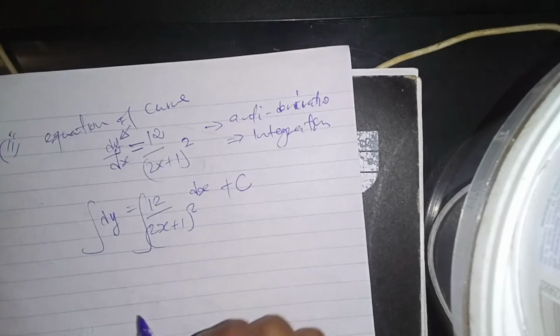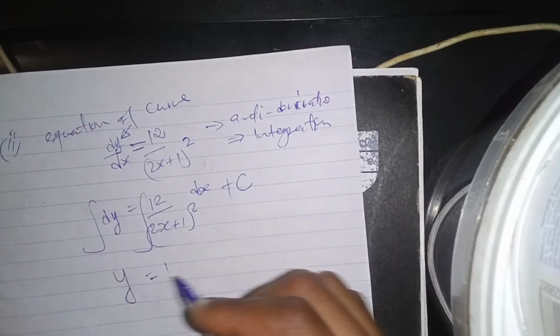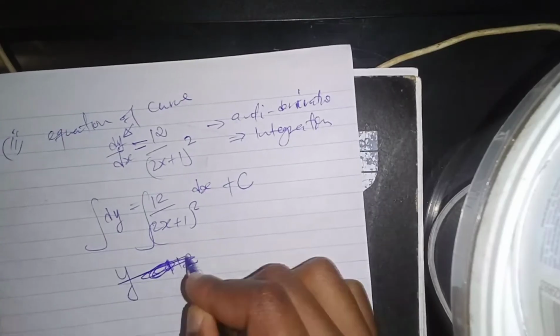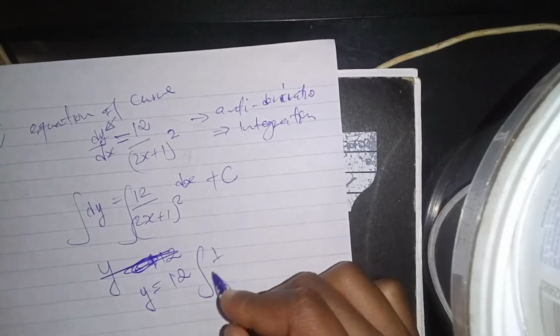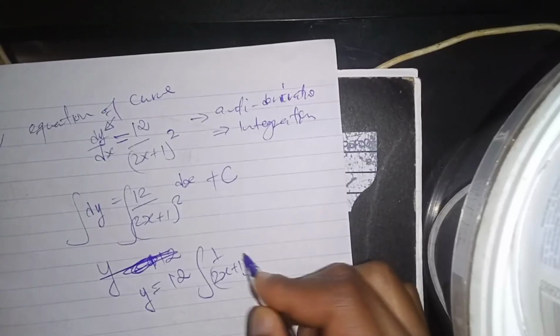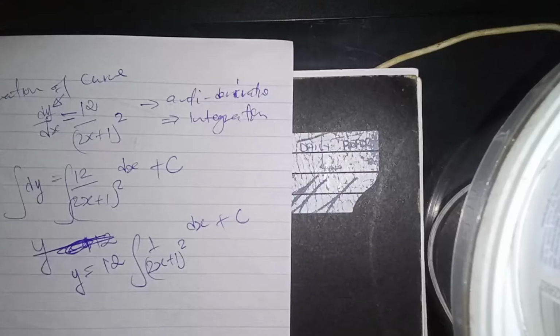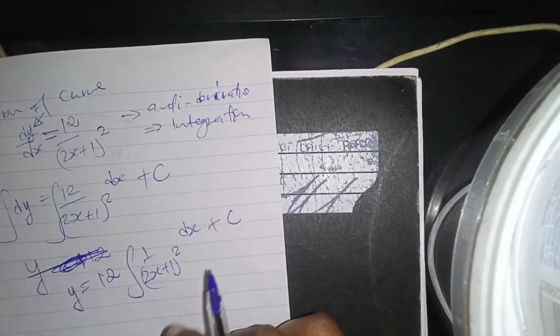When you do that we'll have y equals, and you can pull out the 12, so 12 times the integral of (2x + 1)^2 dx.